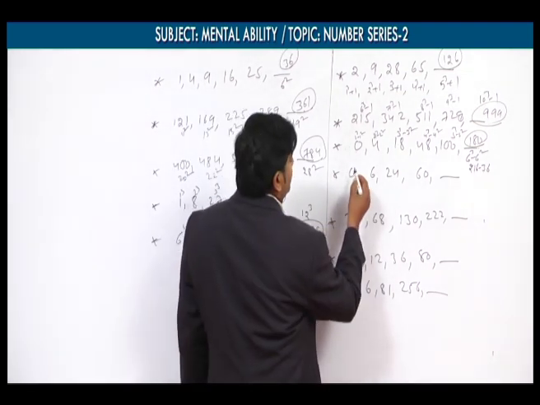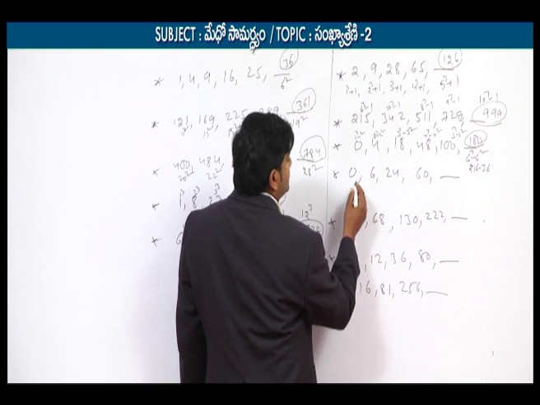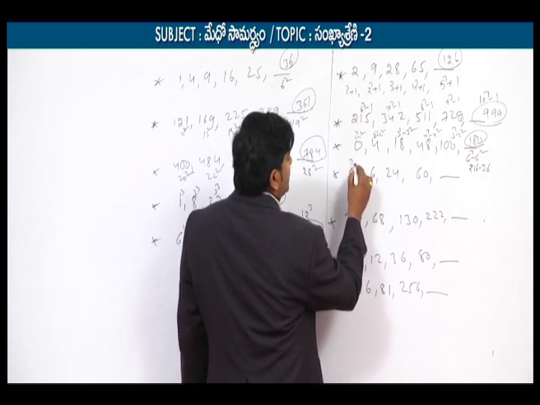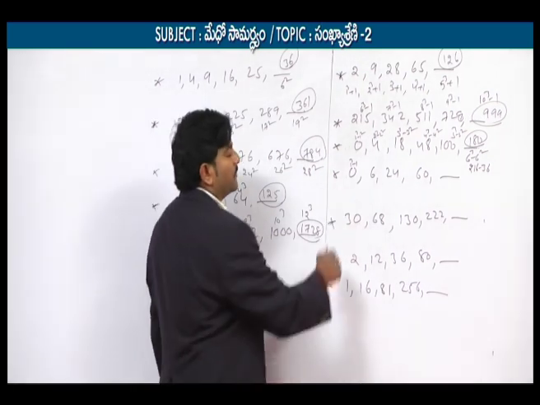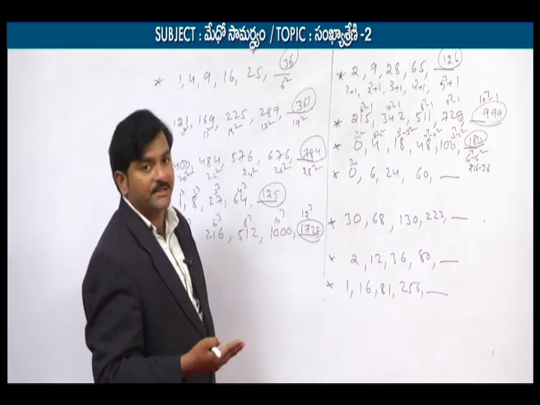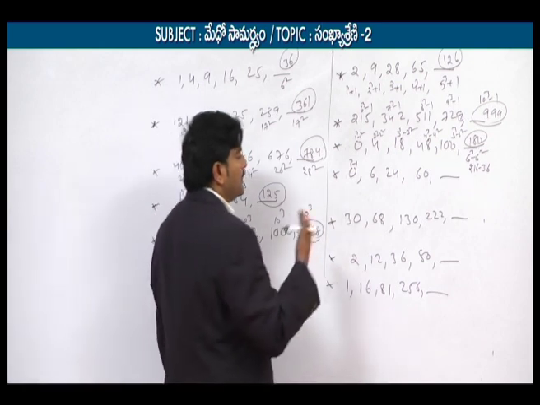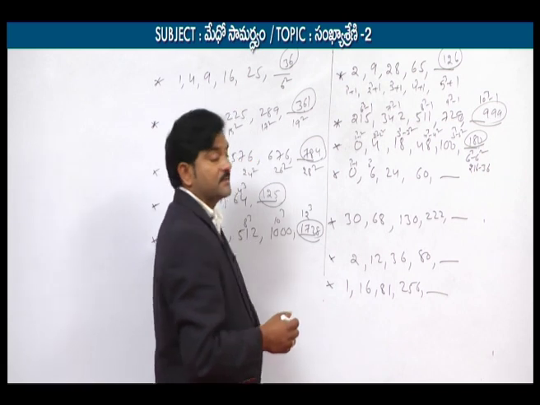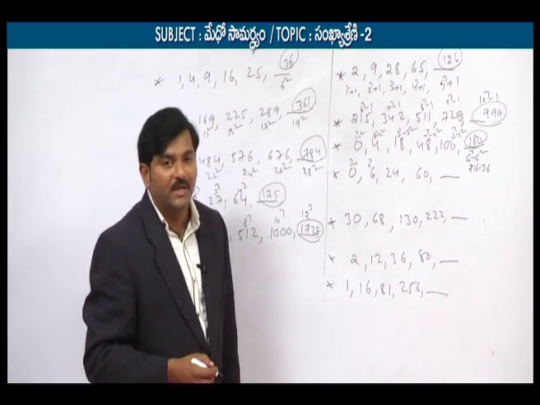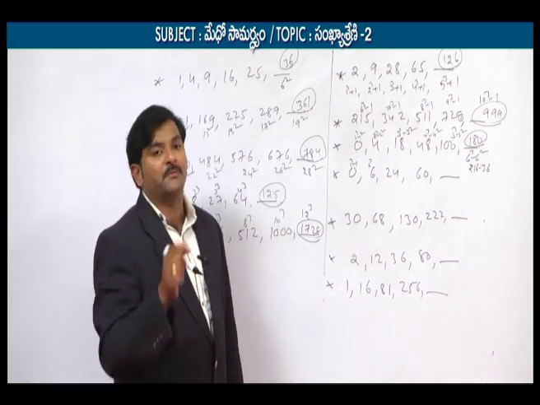For example, let's think that this is 1 cube minus 1. 1 cube value is how much here? 1. 1 minus 1 means how much here? 0. Okay. Now we will see the second part. How much is the second part? 6 is there. 6 is obtained by subtracting 2 from 2 cube.